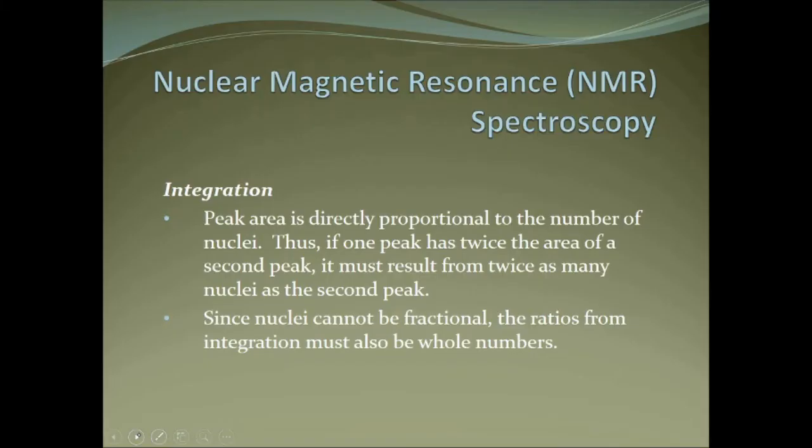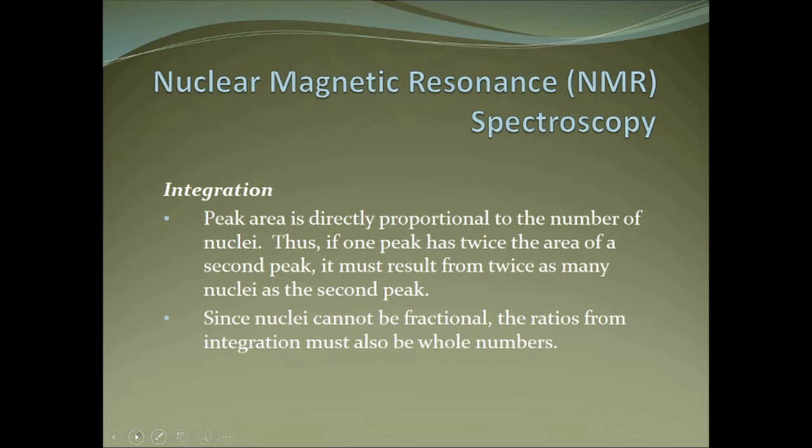The second factor I mentioned is integration. The peak size, more specifically the peak area, so it's not just the height, but if a peak is broad, you would need to take that into account as well, but the peak area is directly proportional to the number of nuclei. If you think back to IR, in that case, peak size was more proportional to the polarity of the bond.